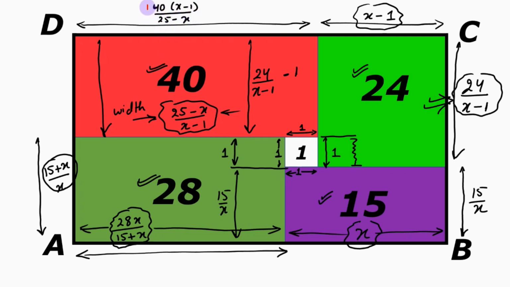Now there is a very clear relation between this length and this length: this length is equal to this length plus 1. Hence we get our first relation, which we will solve to find the value of x.